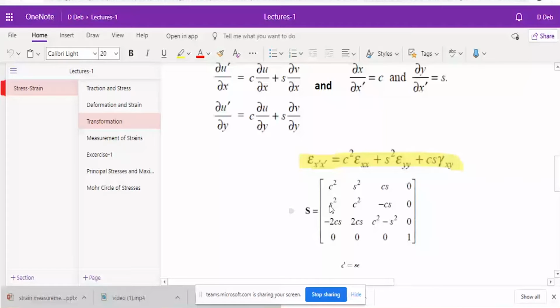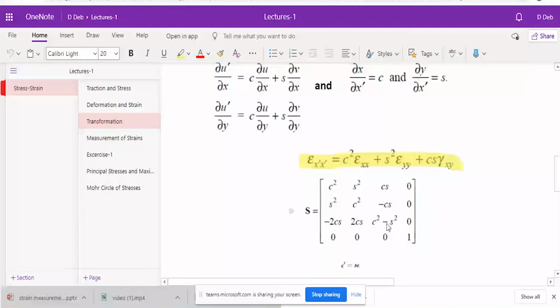So this is my three-directional strain tensor for converting from one coordinate system to another. So what do we have? C square, S square, CS; S square, C square, minus CS; and this is for gamma xy. The entire derivation you will find in the book. I'm not getting into the derivation that much.